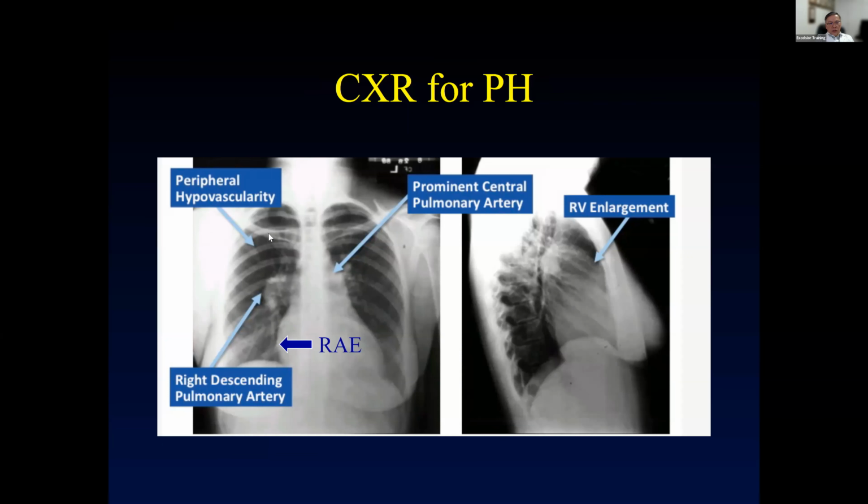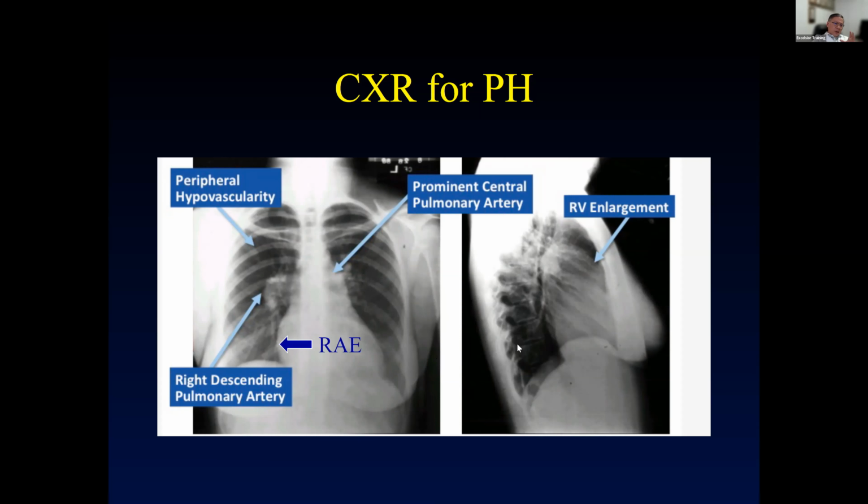You also see relative hypovascularity, oligemia, in the peripheral vasculature. Because of long-standing pulmonary hypertension, you have vasoconstriction in the distal small vessels, leading to hypovascularity in the peripheral vessels that you can detect on the chest X-ray.